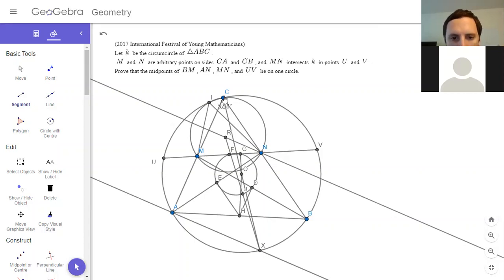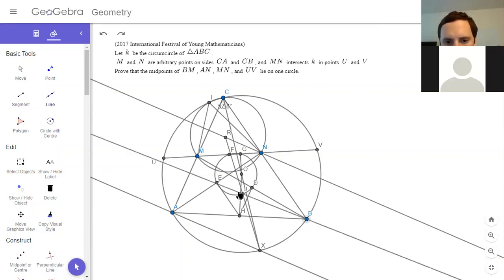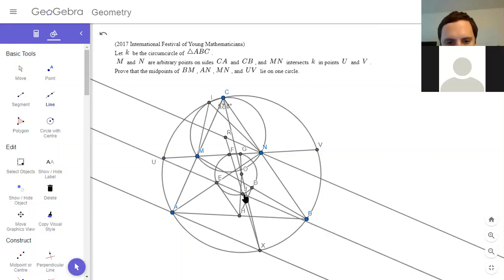So EJ has to be perpendicular to AC. So you're saying EJ is perpendicular to AC? Yes, EJ, because both of them are midpoints.